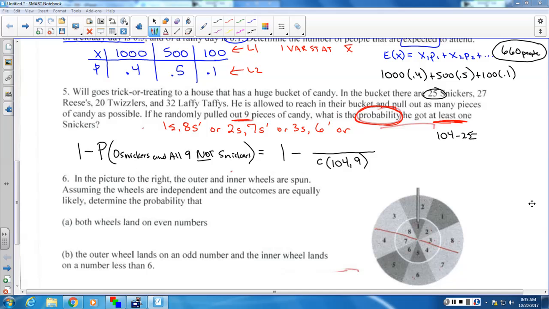And I get that there are 79 that are not Snickers. That's where I want all 9 pieces to come from. So out of the 79 that are not Snickers, I'm choosing all 9 of them. So I'm doing 1 minus the probability that they are all not Snickers. That means I'll at least get 1.